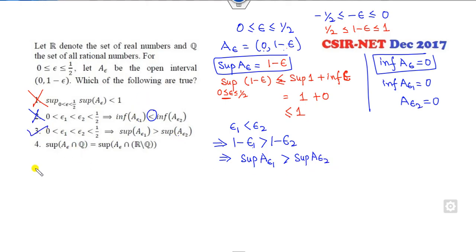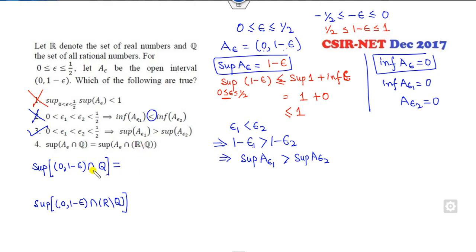Look at the last option. Supremum of A epsilon, where A epsilon is 0 to 1 minus epsilon intersection Q, and the right hand side is A epsilon intersection R minus Q. Now how can you solve that?